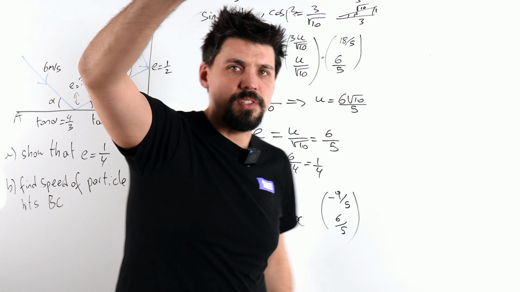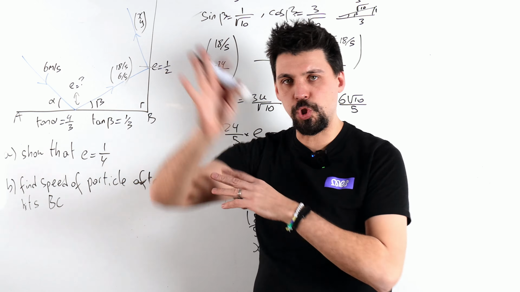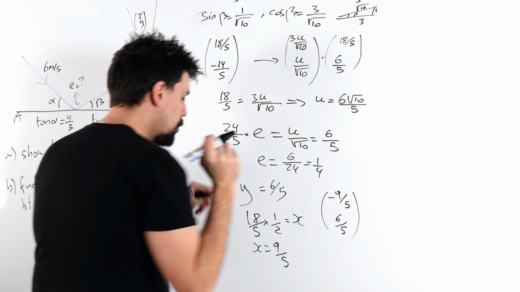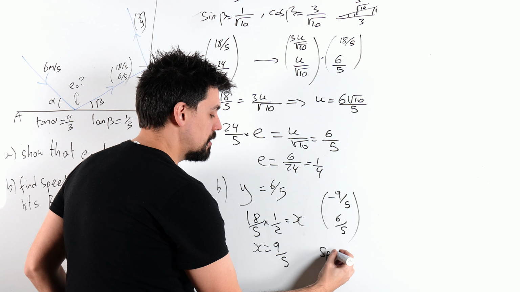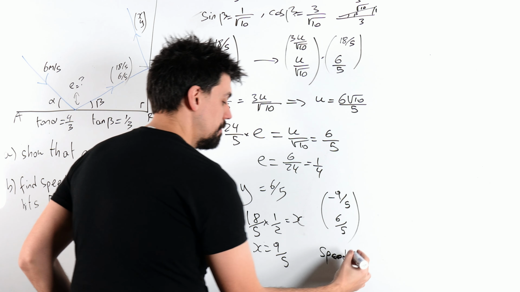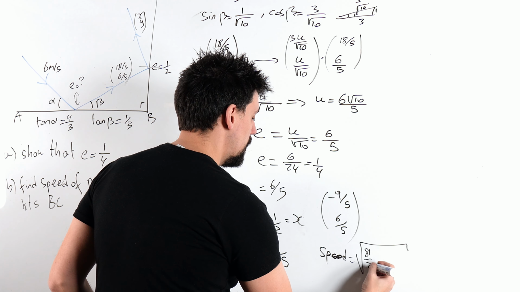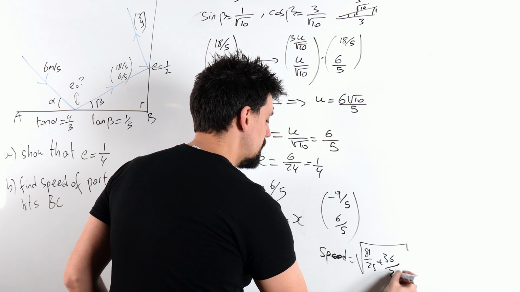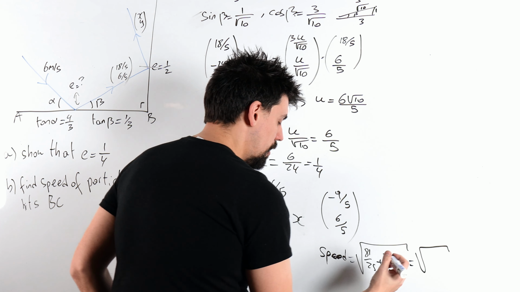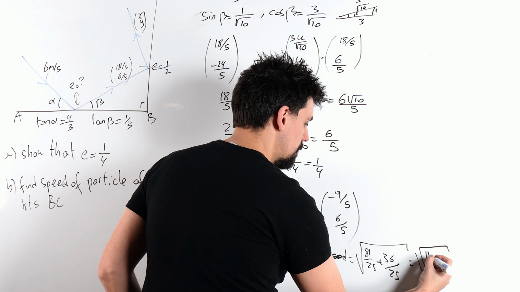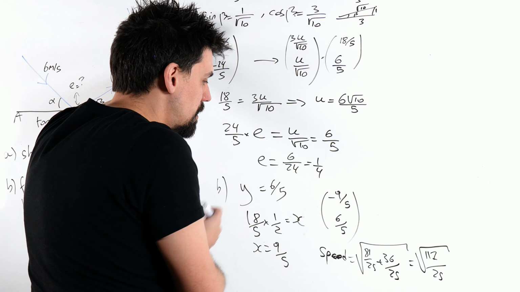But the question doesn't want the velocity. That's not what we're asking for. We are asking for le speed, la vitesse, the whoosh. How do we get the whoosh? It is the magnitude of this vector. So what we actually want is the speed is square root of 81 over 25 plus 36 over 25, which is square root of 117 over 25. 117 is divisible by 9, so that's nice.